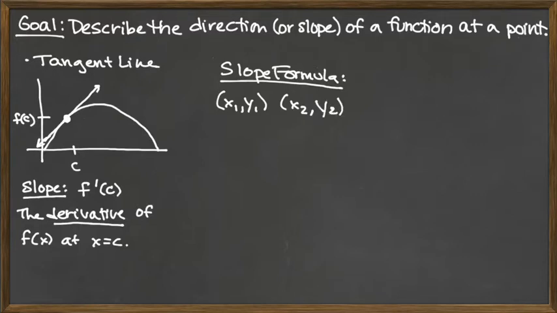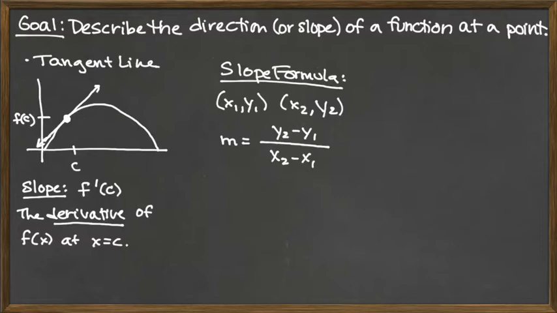Anytime we have 2 points, we can find the slope of the line that goes through those 2 points using this formula. It's change in y over change in x. So we'll say y2 minus y1, and then in the denominator it would be x2 minus x1. Of course, the order of the points doesn't matter as long as they're consistent in the subtraction.